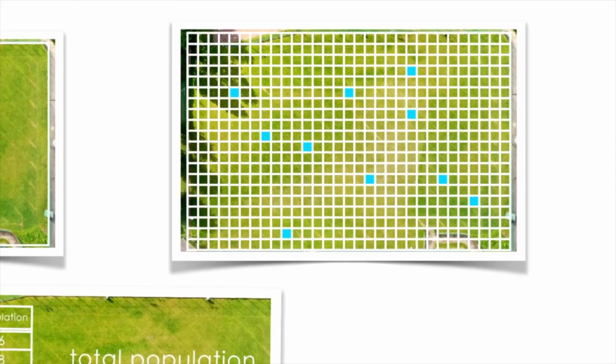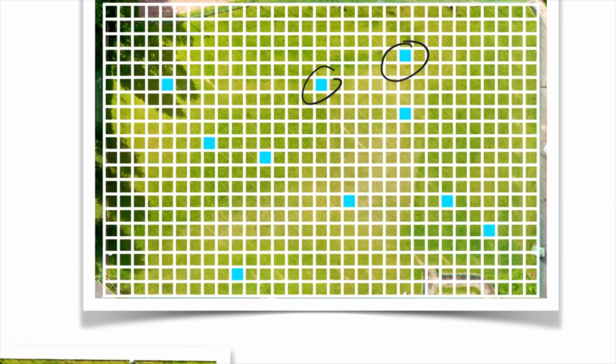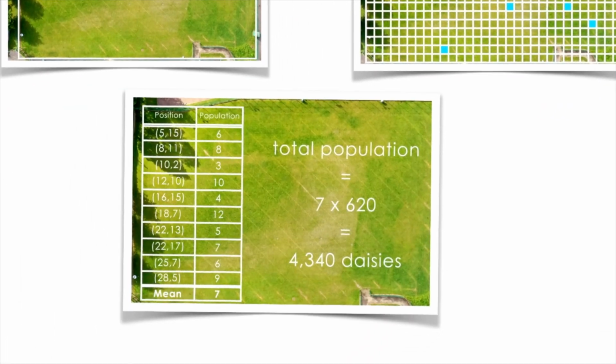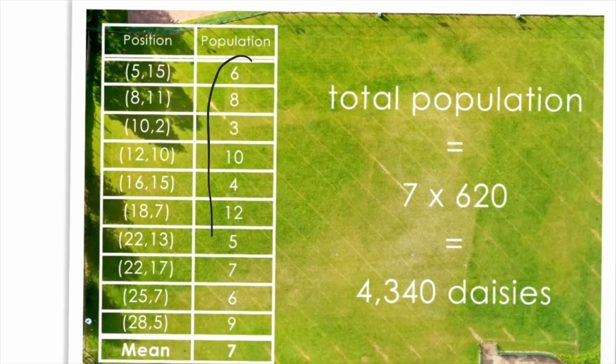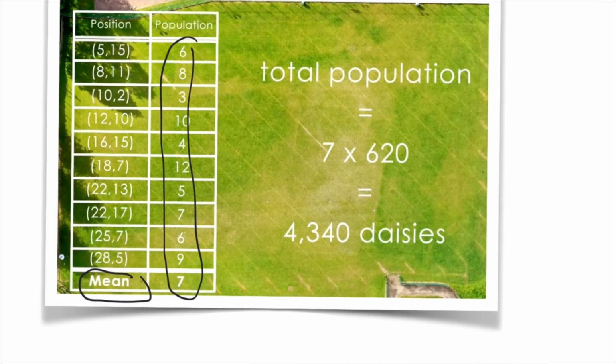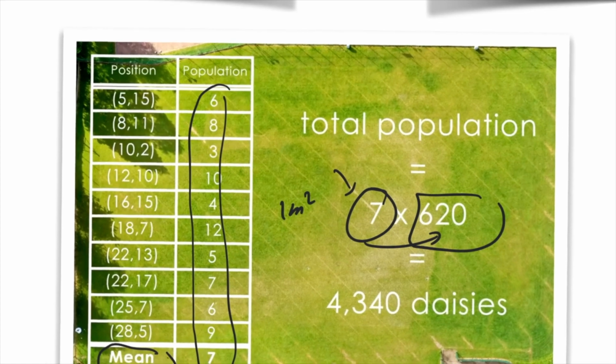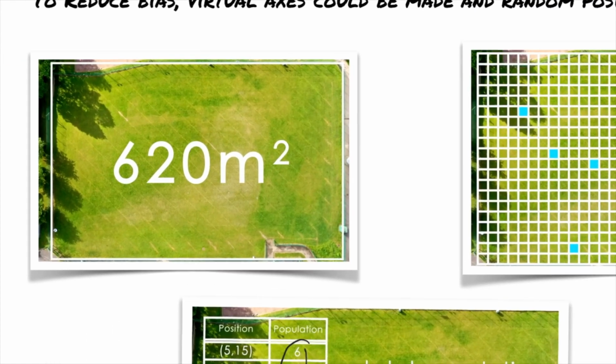So we place our quadrats here in a random way. We counted the population size in each position. You can see the numbers are quite close. Then we find the average, or the mean. This is the mean number of plants per quadrat. So instead of me doing this for the entire area, I multiply this, because each quadrat is 1 meter squared, by the total area, 620, and that gives me the size of the population in the entire area.